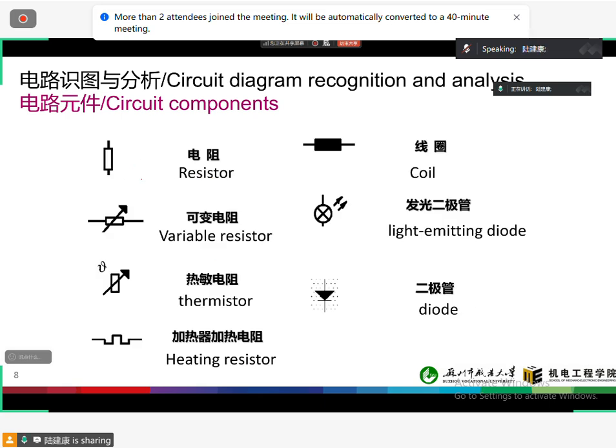And here, this is a resistor, and this is a variable resistor, and this is a thermistor, and this is a heating resistor, and this is a coil. The coil is normally used in the relay and the ignition coil, and this is the light emitting diode, and this is the diode.